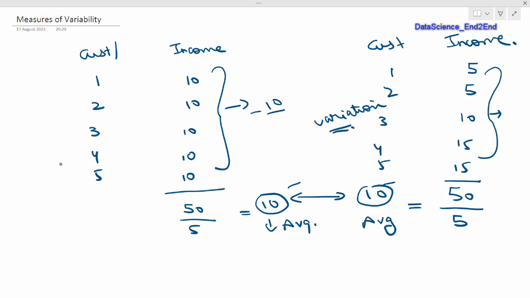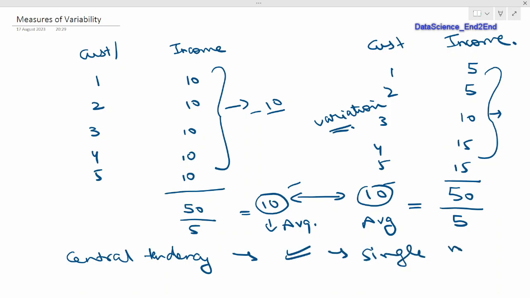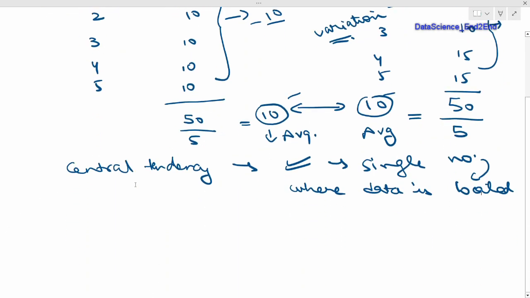So what we are trying to say here is, while central tendency is a very good measure to give you a single number which tells where your data is located, it will not perform really well to tell how dispersed the data is.